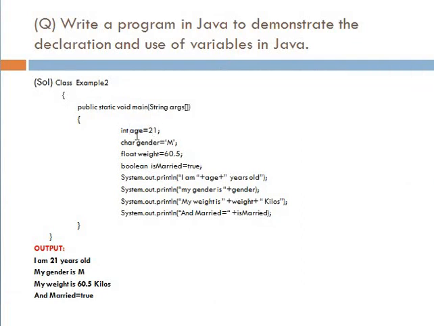Now here, since age is a variable, that's why the value 21 which gets assigned to the variable age can be changed later on. The value m can be changed later on for this variable gender. The value 60.5 can be changed later on for this variable weight. In the same way the value true can become false later on, so it can be changed for this variable called is married.